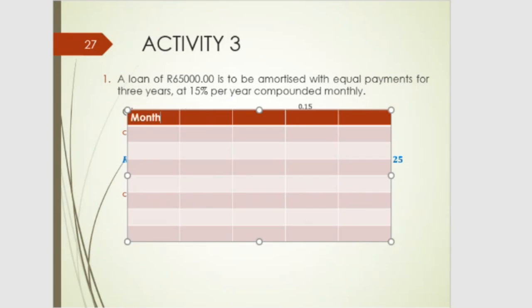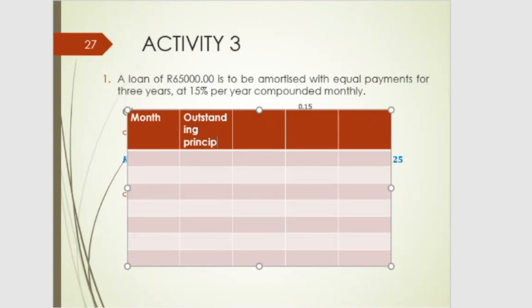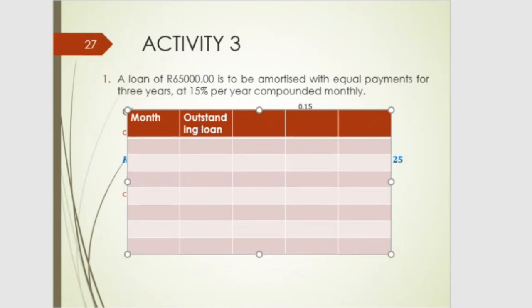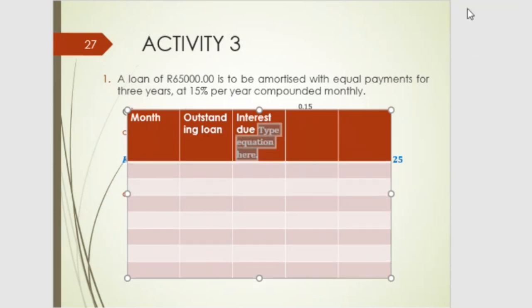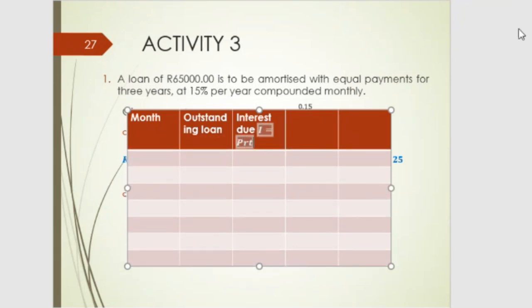So the first column will be month. The second one is outstanding principal amount, although let me say loan. Then the next one will be interest due, for which we use the formula for simple interest, which is I equals PRT, right?